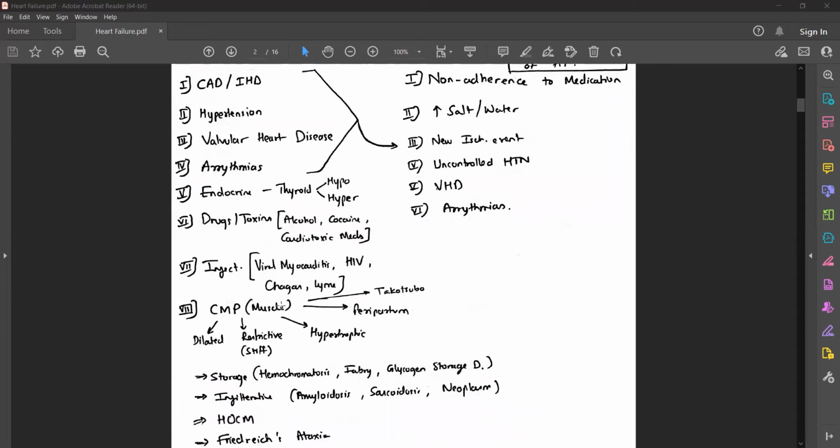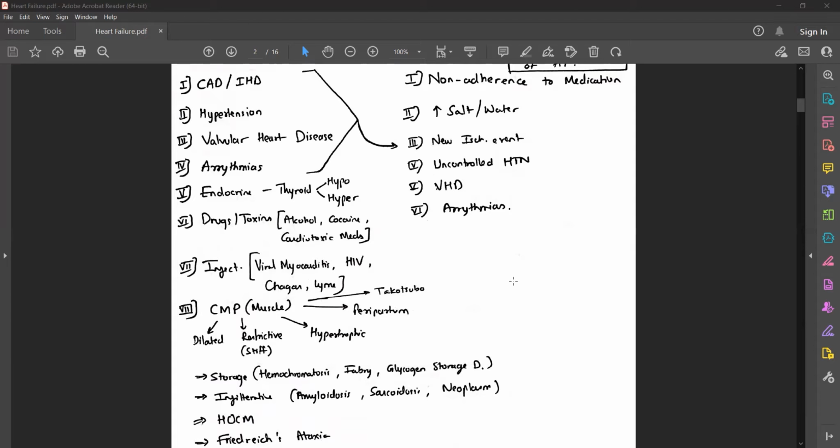And then something that is very important that you need to understand over here is cardiomyopathy. Cardiomyopathy means problem of the muscle itself. It can be dilated, restrictive cardiomyopathy where the muscle becomes very stiff, hypertrophic cardiomyopathy, peripartum cardiomyopathy, and Takotsubo cardiomyopathy. Now, previously we used to use the terms ischemic cardiomyopathy, valvular cardiomyopathy, hypertensive cardiomyopathy, but we do not use them anymore because cardiomyopathy term is mainly used when the problem is in the muscle itself and not secondary to, for example, coronary artery disease leading to ischemia, leading to damage of the muscle.